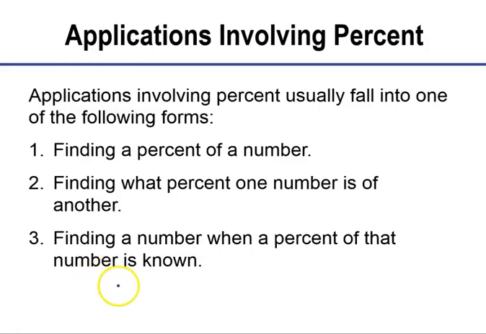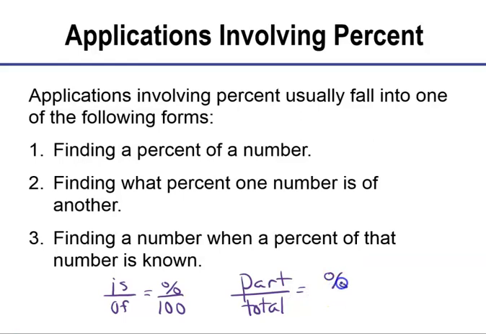Some teachers teach is over of equals percent over 100. Another way to say the very same thing is part over total equals percent over 100. Okay, this one makes a lot of sense. So you're talking about the part over the total amount equals percent over 100.